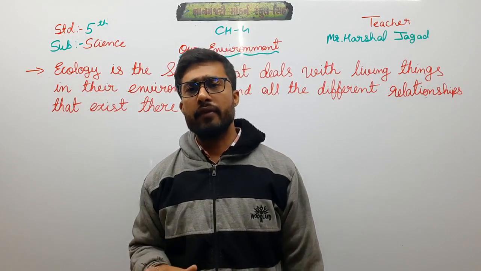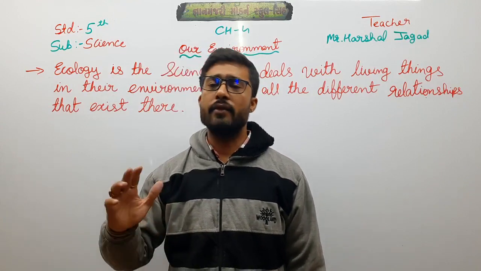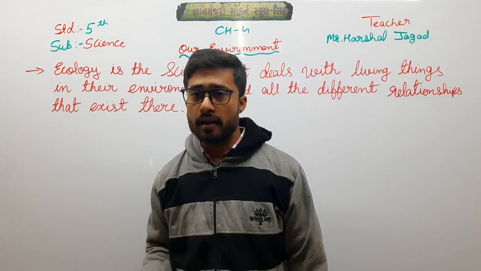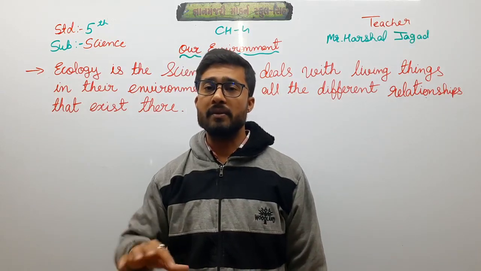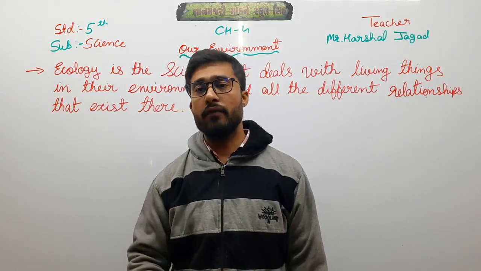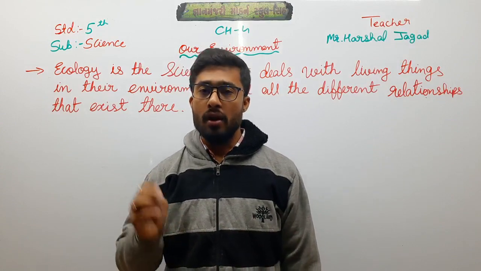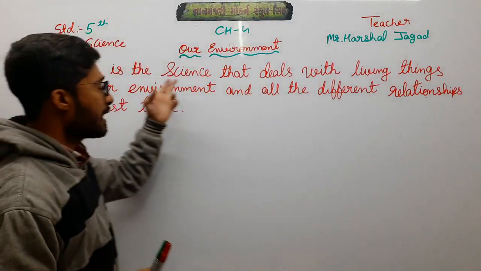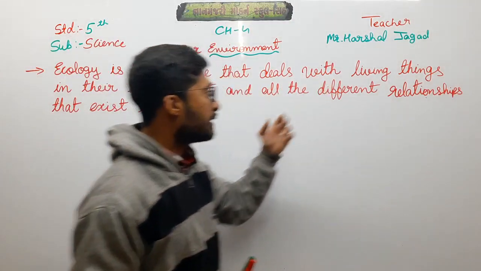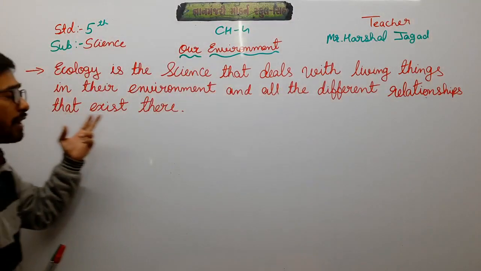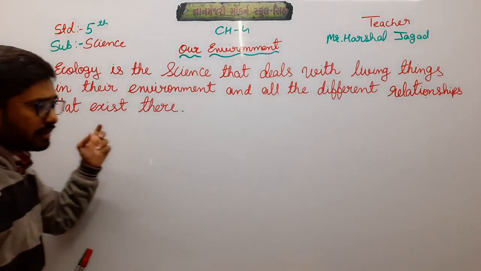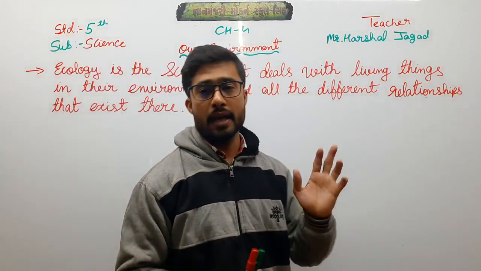So here different types of plants are there, different types of animals are there. So these all are the ecology, and there are different species there. So the study of that is known as the ecology. Here repeating it again, ecology is the science that deals with living things in their environment and all the different relationships that exist there, in the environment.